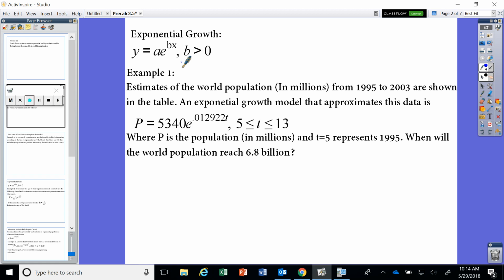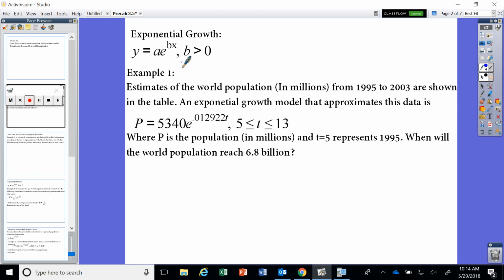Think about what it meant to compound continuously when we started talking about our investments. In our investments, it should be constantly growing if time is staying positive, which obviously it has to, and our interest rate is staying positive. If your interest rate gets negative, that's when you have a little bit of a problem there. So we don't want that to happen.